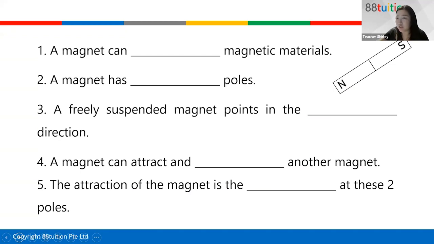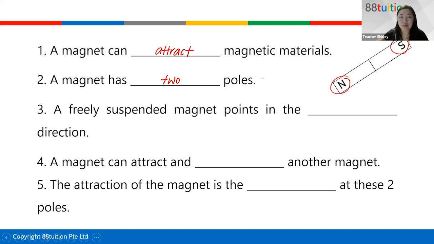Some other extra notes about magnets: a magnet can attract magnetic materials. A magnet has how many poles? Two poles. Basically north and south pole.